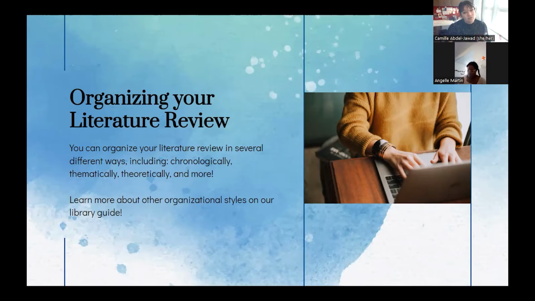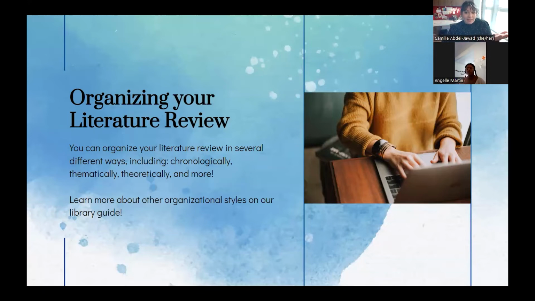There are all kinds of ways to organize your literature review. The one thing you want to make sure you do is pick a way to organize it. It's not enough to say, okay, here are all of my sources, I'm just going to randomly throw them in there, right? This is a mini paper within your paper, or for some assignments, this is your paper. Sometimes it's at the top, you might do a literature review and then do further analysis below.